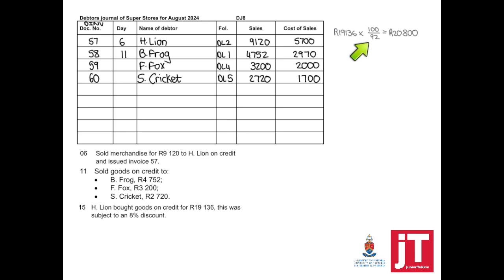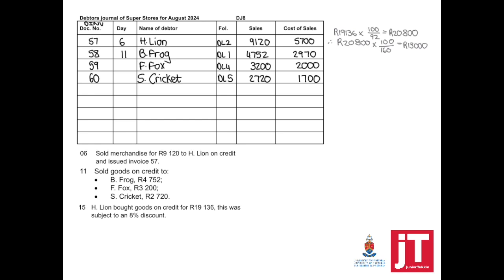Where did we get that 92? 100 minus 8 equals 92. This will provide us with the selling price before the trade discount, so that we now can calculate the cost by saying the selling price before the discount times 100 divided by 160.